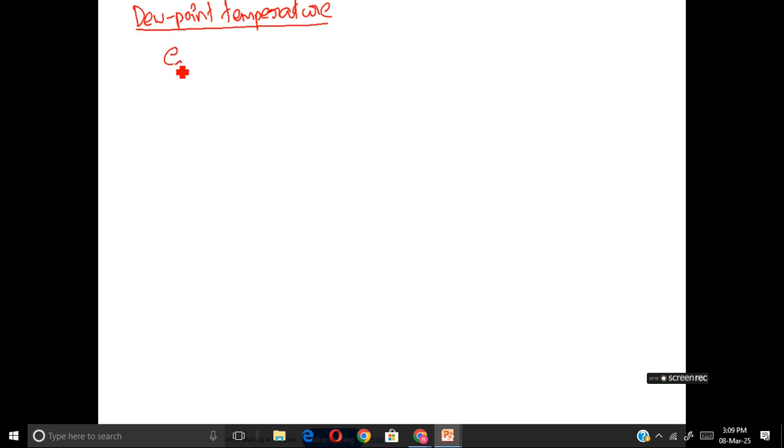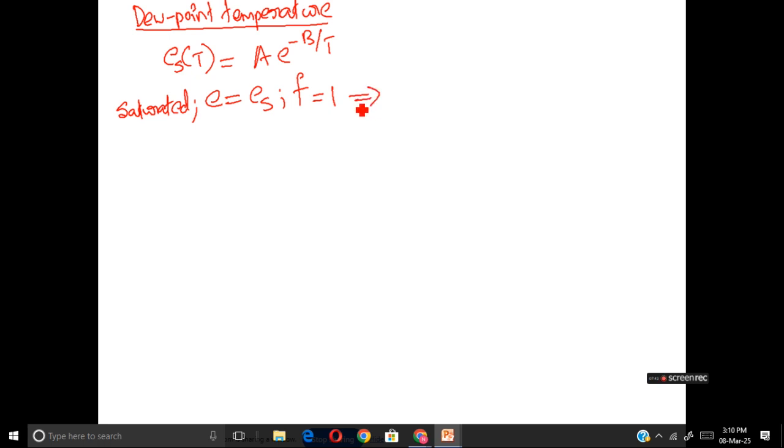As I told, we already know the saturation vapor pressure is given by the equation Es of T equal to A e raised to minus B by T. Suppose a parcel becomes saturated: it means its actual vapor pressure is equal to the saturation vapor pressure, its relative humidity is equal to 1, and the temperature will be T.